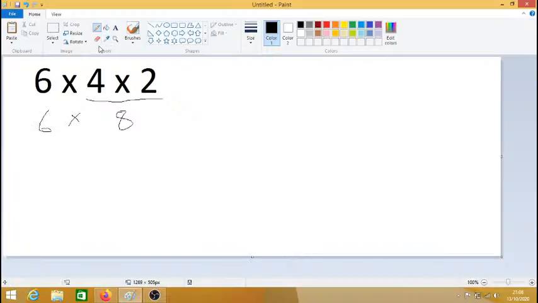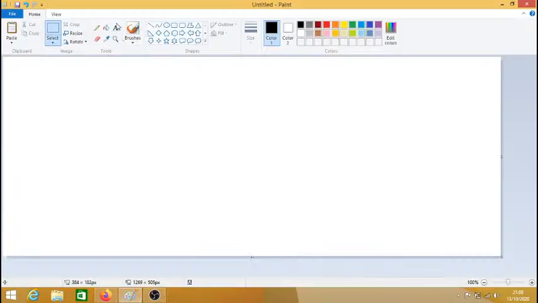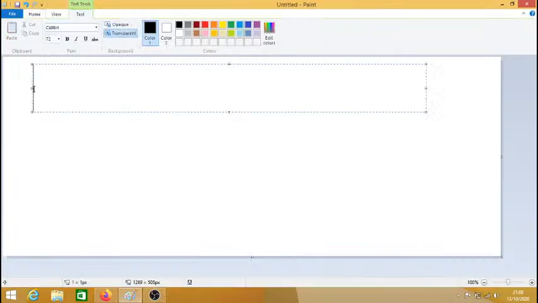So the principle here is that when you're multiplying more than 2 numbers, you're just going to pick 2 of them to do first, and then whatever answer you get, you're going to times that answer by whatever's left to multiply with.